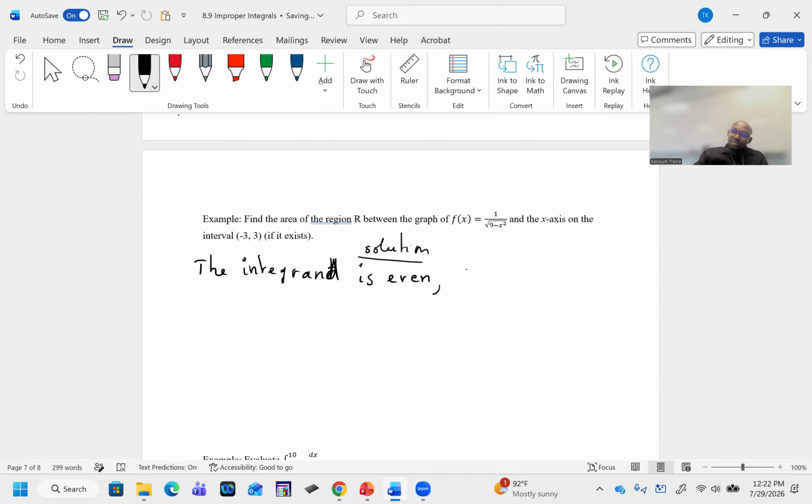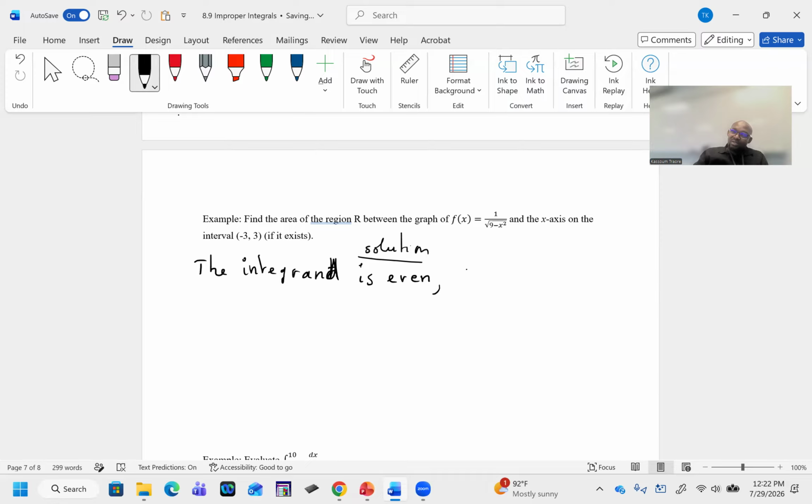So by symmetry, we know the integral from -3 to 3 of 1 divided by the square root of 9 minus x squared dx will be equal to 2 times the integral from 0 to 3 of 1 over the square root of 9 minus x squared dx.